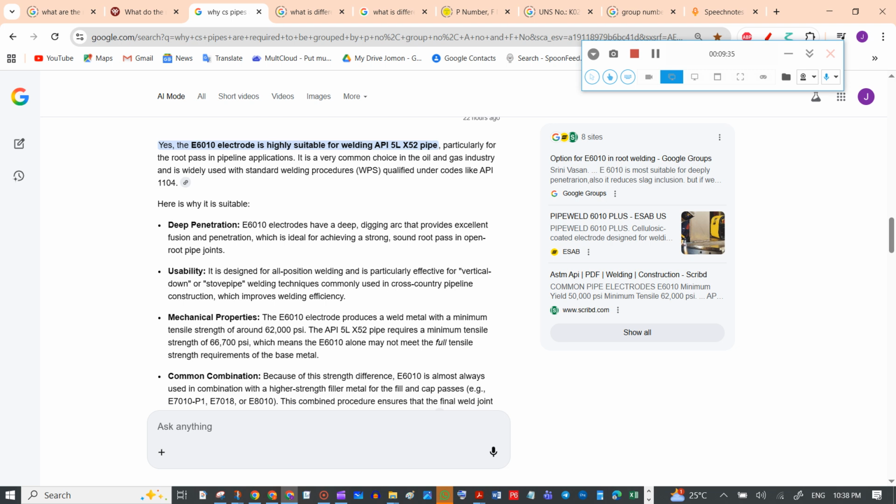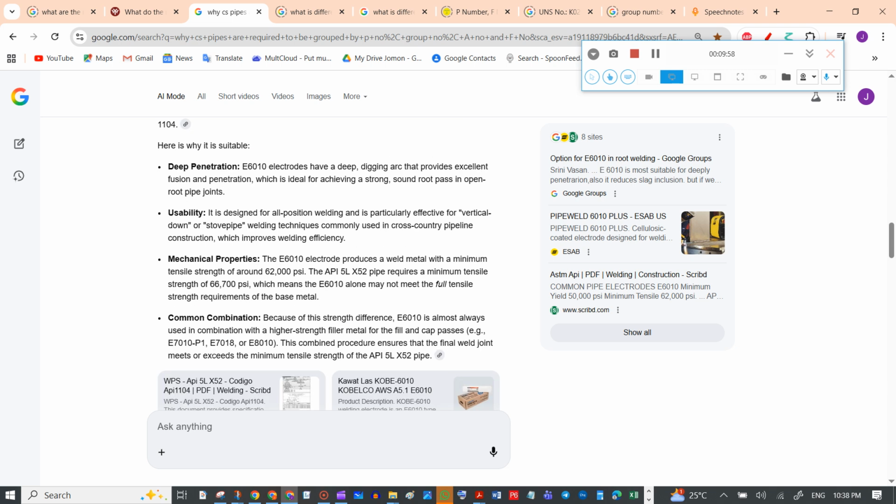It can produce a minimum tensile strength of around 62,000 psi. API 5L X52 requires a minimum tensile strength of 66,000 psi, which means that E6010 alone may not meet the full tensile strength requirements of the base material. That's where we use E7018.